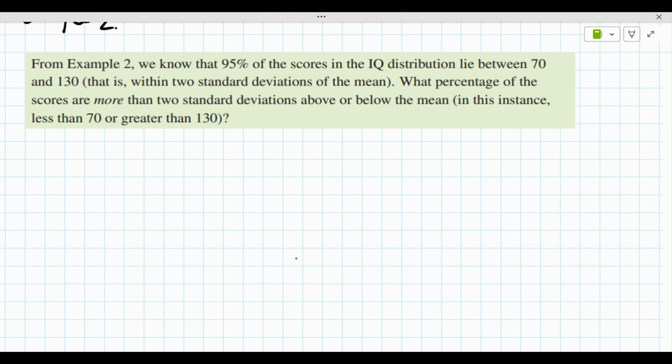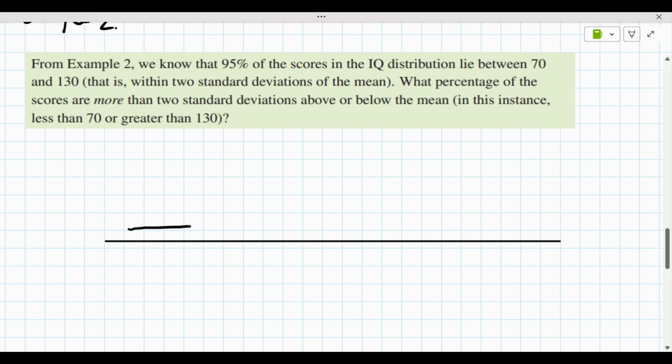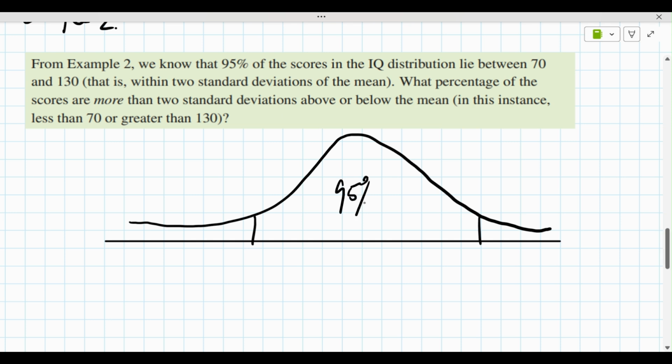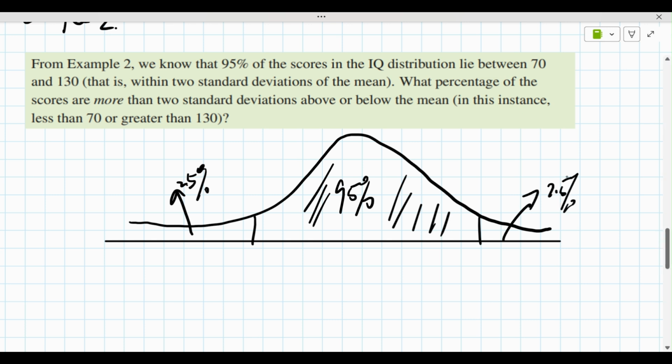That means if you had a graph, the 95% of the curve is here, and this side is 2.5% and this side is 2.5%.